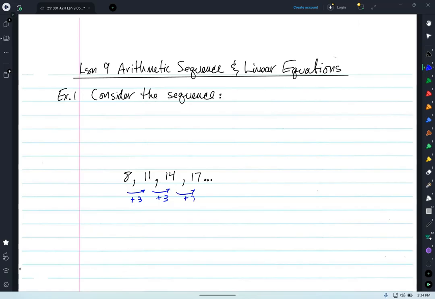Now, the other thing that you almost assumed, just because I wrote this up here like that, was that this is the first term in the sequence, making this the second term in the sequence, and the third term in the sequence, and the fourth term in the sequence, right? That's what you guys did. You looked at that and you said, hey, look at that. That starts and then goes up by 3.